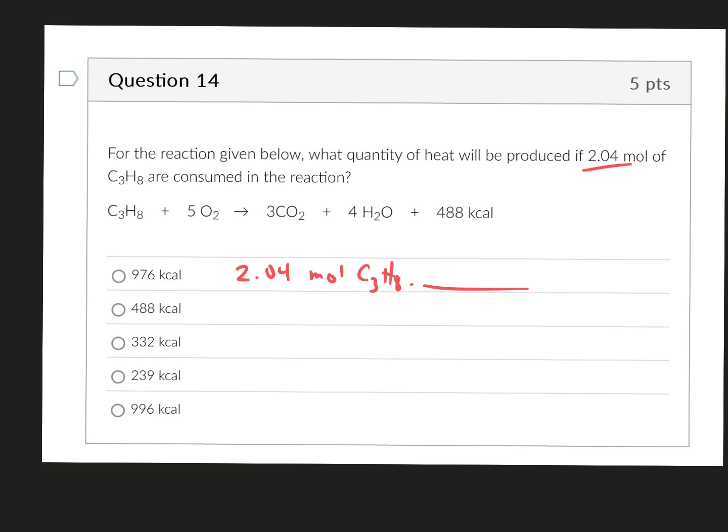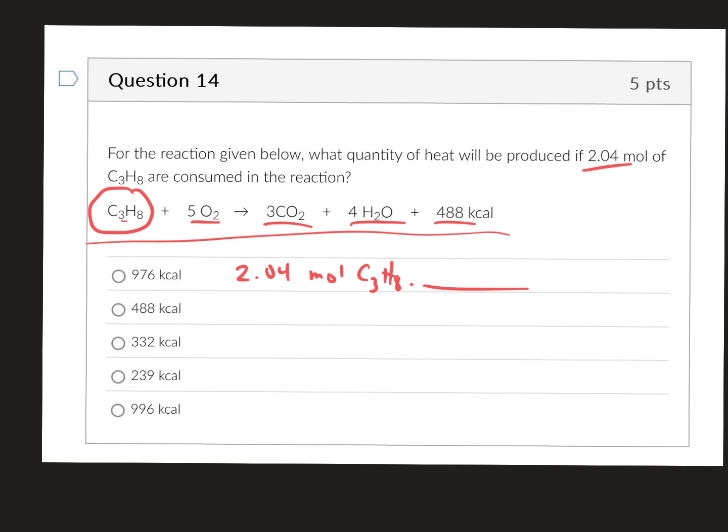Now, do we have a balanced equation? Yes, it's balanced. So for every one propane, we have 5 oxygens, 3 carbon dioxides, 4 waters, and 488 kilocalories.